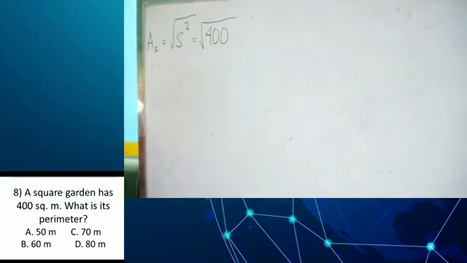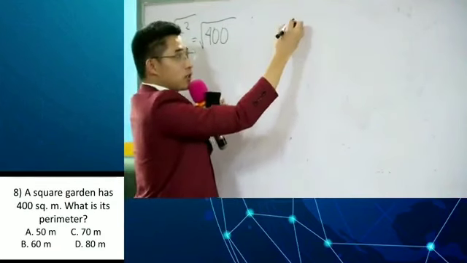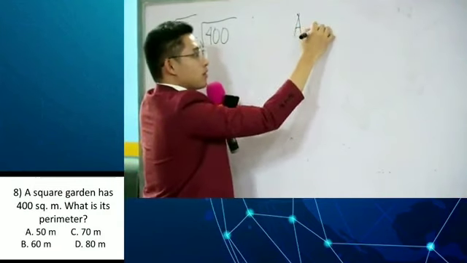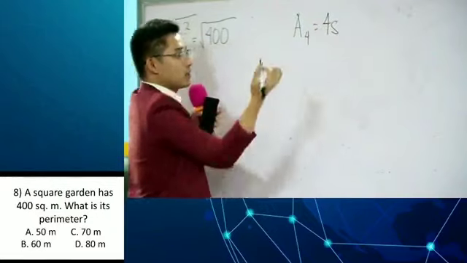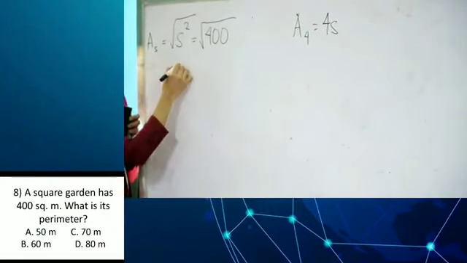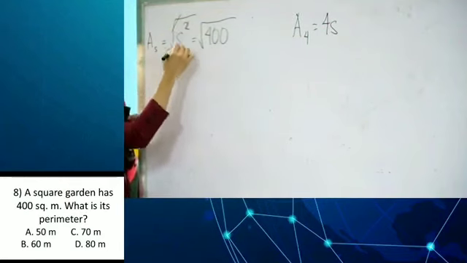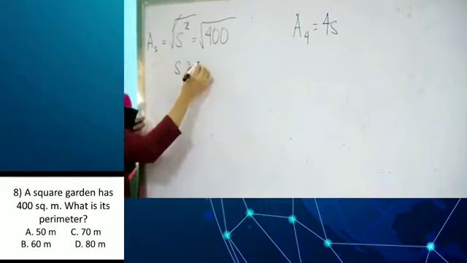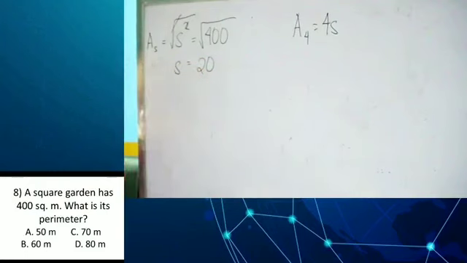Okay? So bakit ba kailangan natin si S? Because kailangan natin siya sa formula natin sa perimeter of the square, which is 4 times the side. Okay? So let's get the value of the side. So S is equal to 20. Okay, therefore you have the side now.